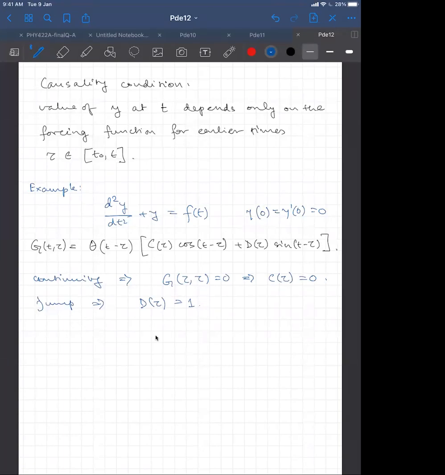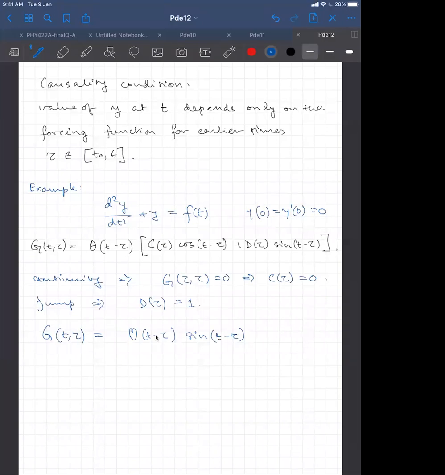Okay. So g of t, tau is then theta of t minus tau into sine of t minus tau.